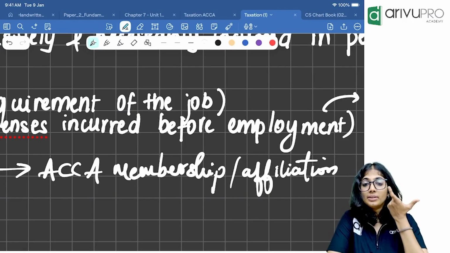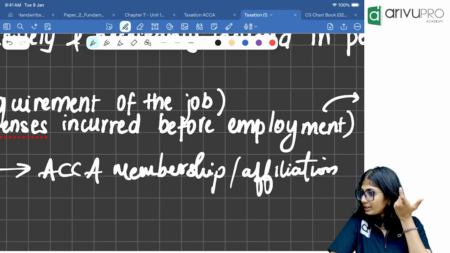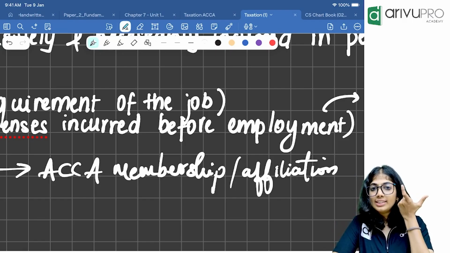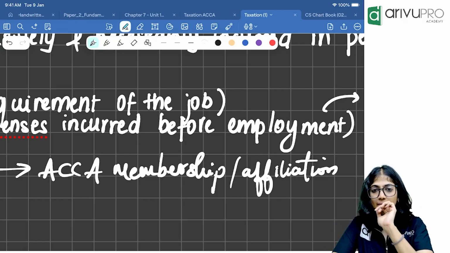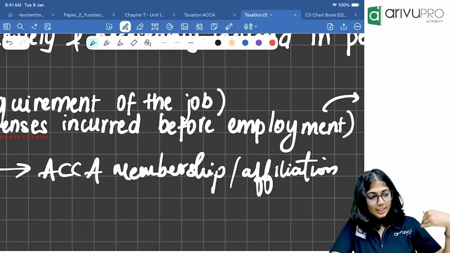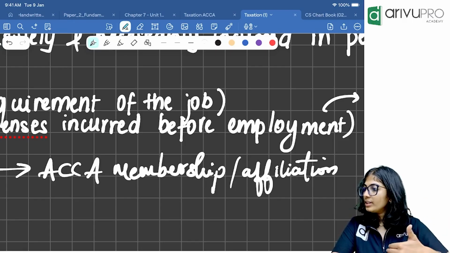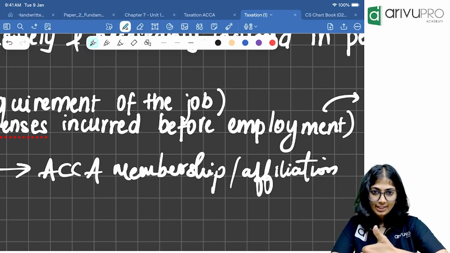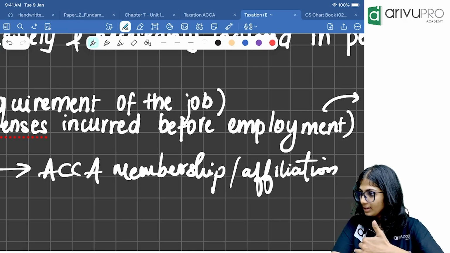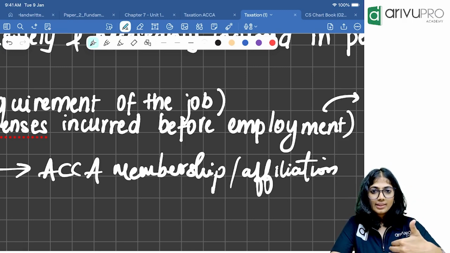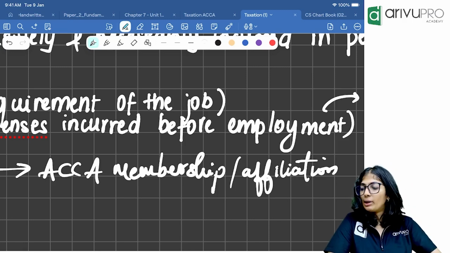The 3-year PER requirement, the 3 years relevant job experience you need in order to get the membership, you don't have that. If you finish all of your exams with or without exemptions, you cleared it all, then you become an ACCA affiliate. ACCA membership is when you finish the 3-year requirement as well.